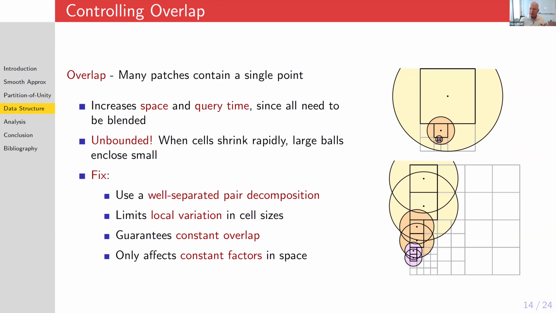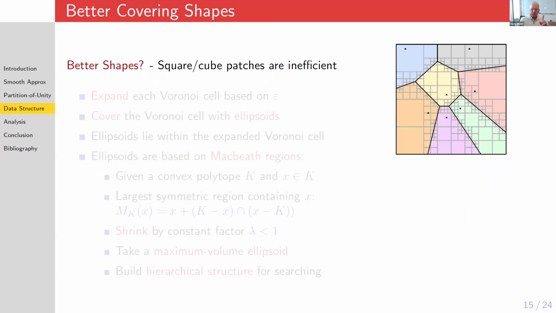But one of the cool facts is that you can do this while only increasing the number of cells in your quad tree decomposition by a constant factor. It depends on how smooth you want the variation to be. But this is nice, in that there's no significant difference in the number of boxes that you get. Okay, that's the first improvement.